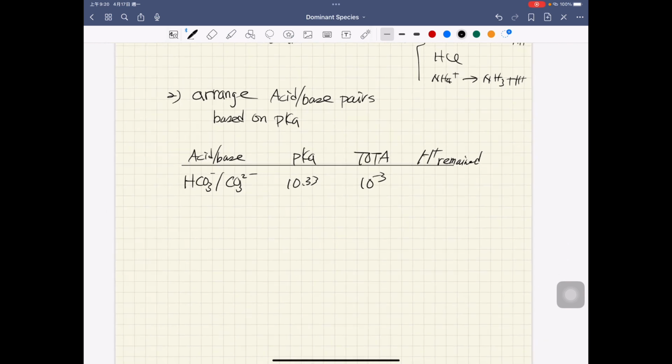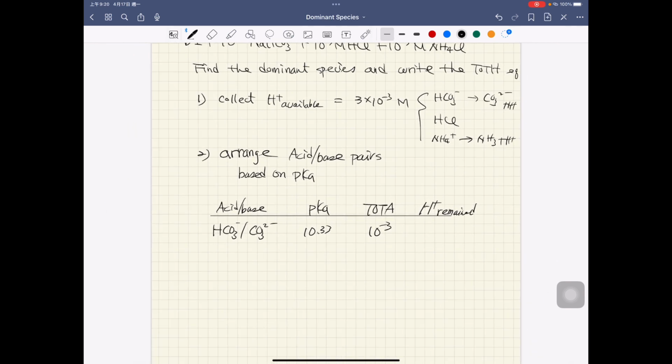So the first one is that I have 3 times 10 to minus 3, and I want to distribute back to this one, right? So when you distribute back, this CO3 2 minus will go to HCO3 minus, okay? That is the part we will do later on.